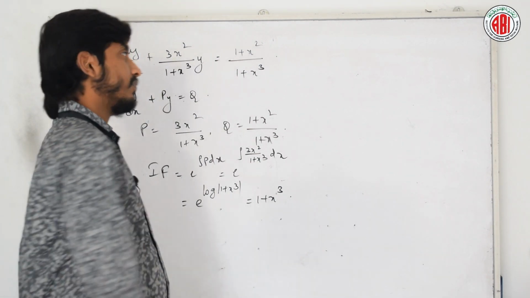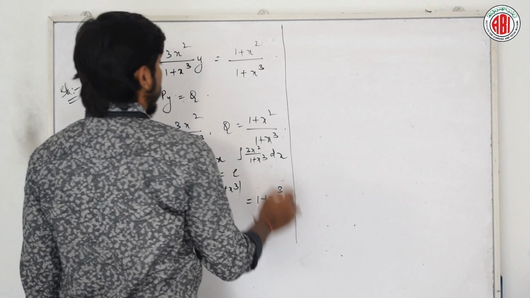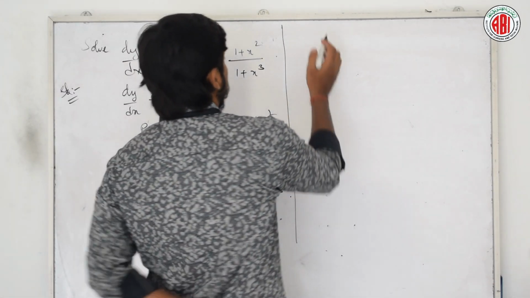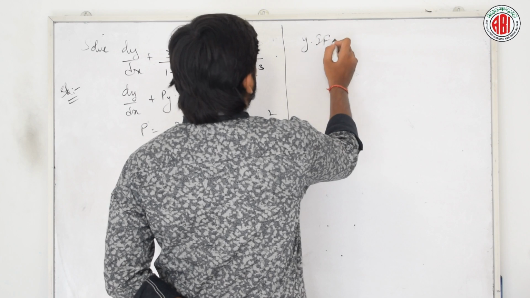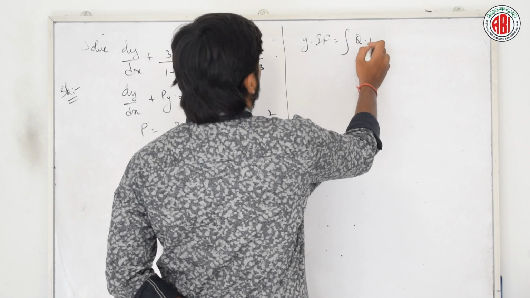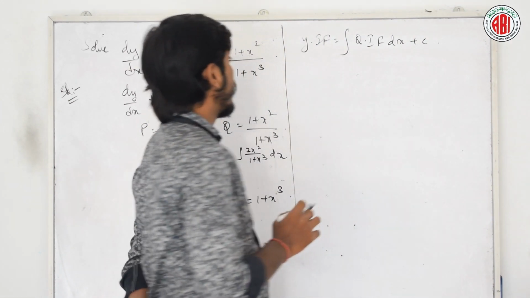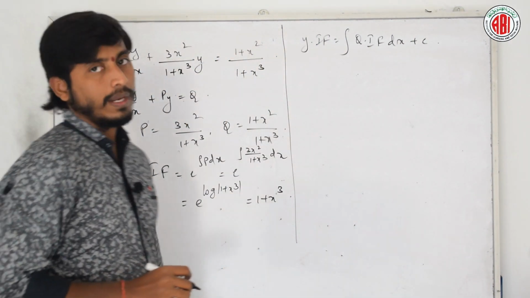So, what is the general formula to find the solution? That is y into integrating factor is equal to integral of q into integrating factor dx plus c. What is the integrating factor here? 1 plus x cube.